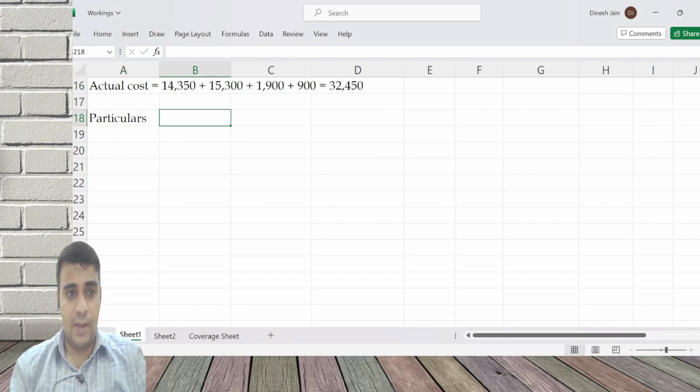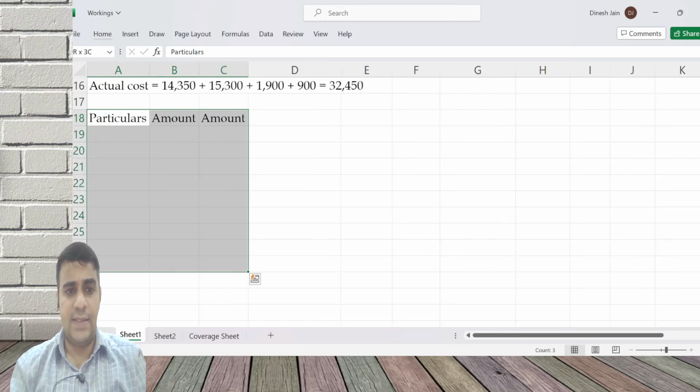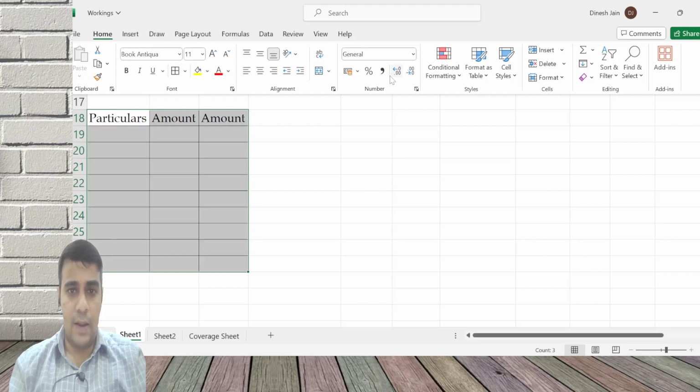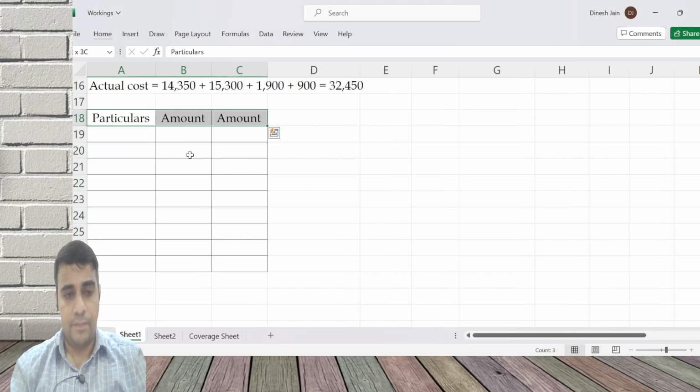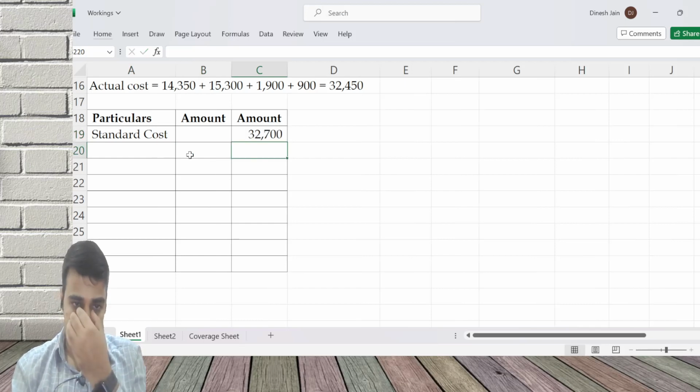Next, particulars, amount. We are now doing the reconciliation. There will be multiple variances which are the reason.